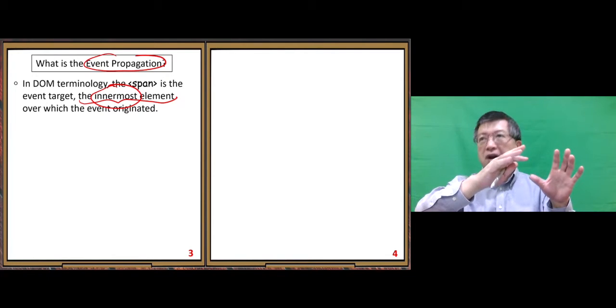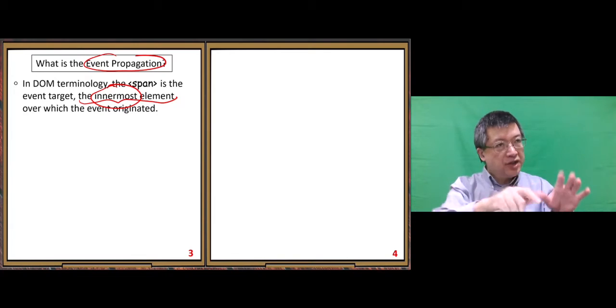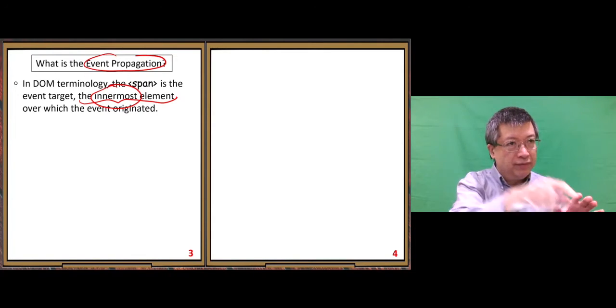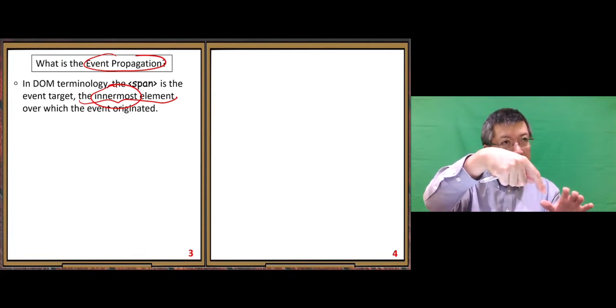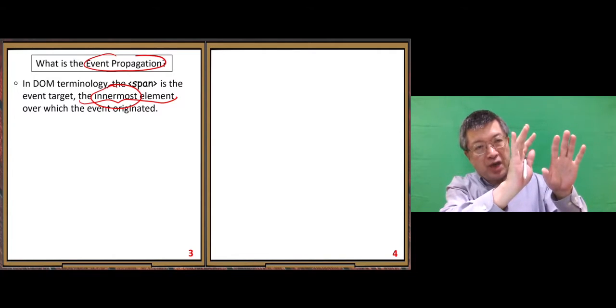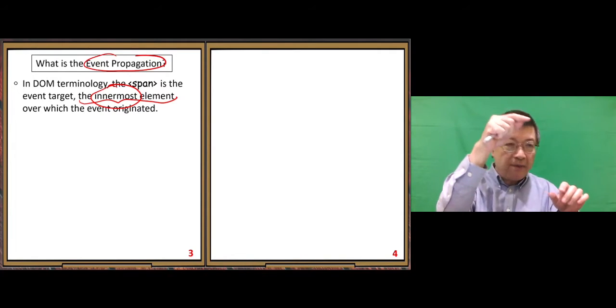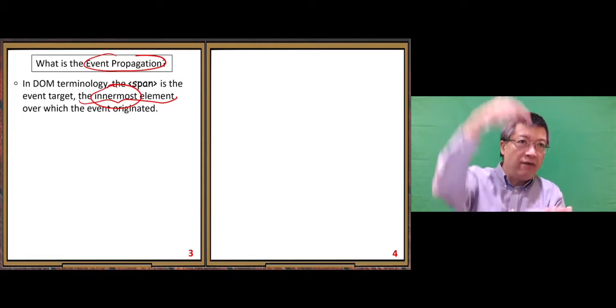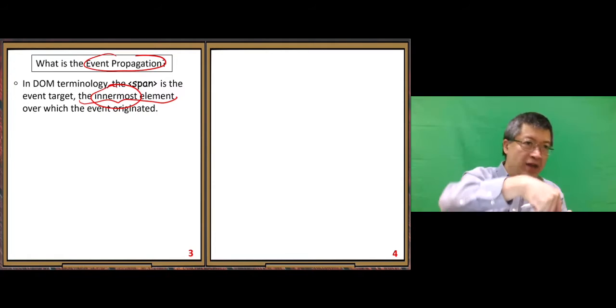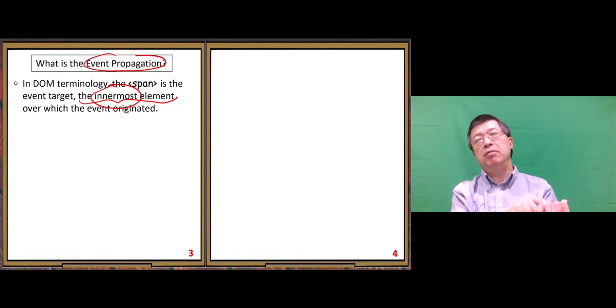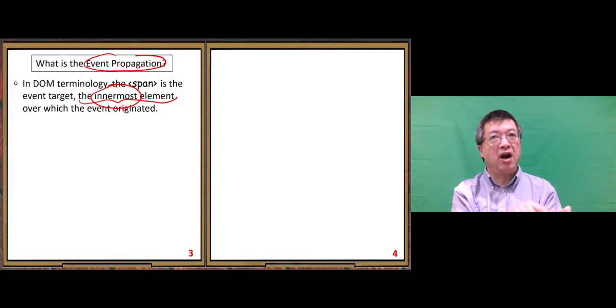But what is the target? The target is the innermost one, the bottom. Remember in the previous slide, that span is at the bottom of that tree branch. That's the innermost element. So that's the event target.